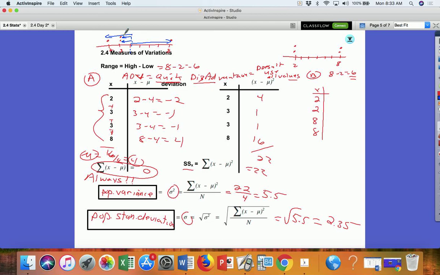What do you think the standard deviation of this set is in relationship to this one? What would you guess? I want to tell you that the average is going to be 4. Let's see here. 1, 2, 3. That's 3. 3, 3, 3. Guess what the standard deviation of that set is?